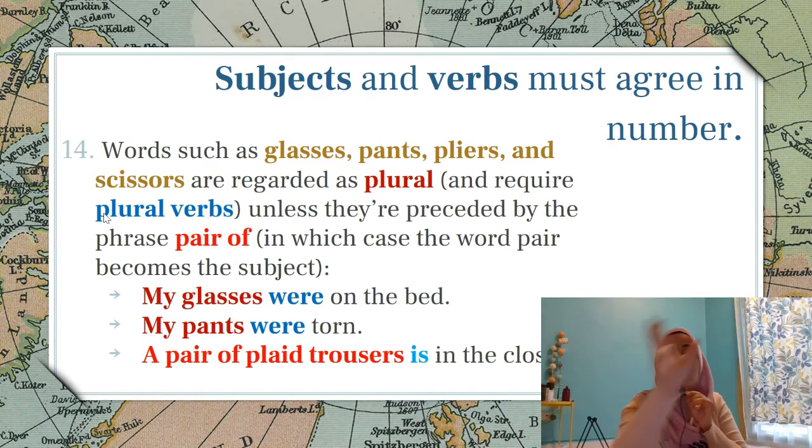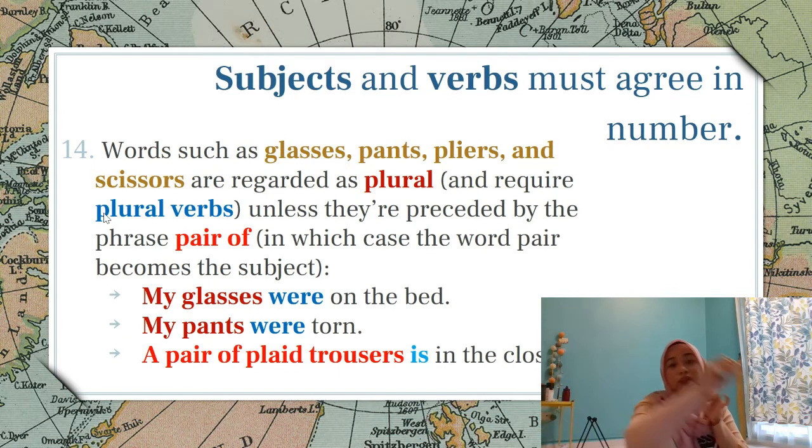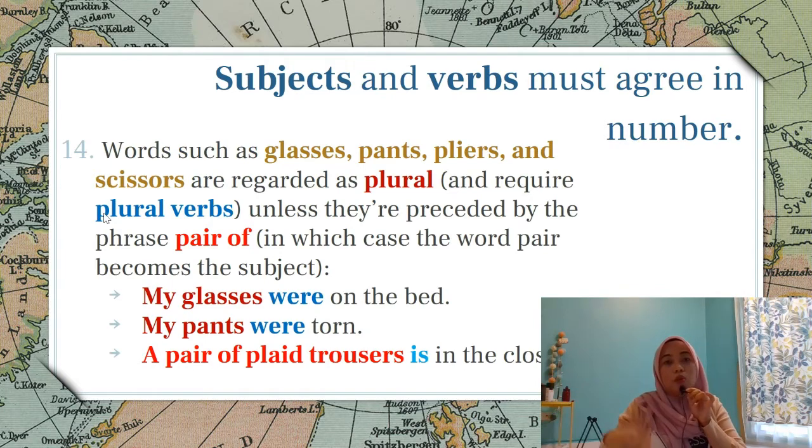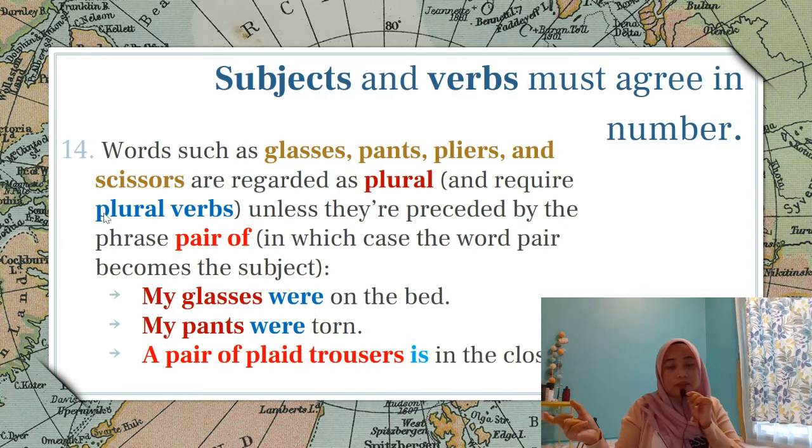Except when you put a pair of, a pair of glasses, a pair of pants, then you use singular. If you're not using it in that context of a pair of, you have to use plural verbs. For example, my glasses are missing. But if you use a pair of, you can use a singular verb.